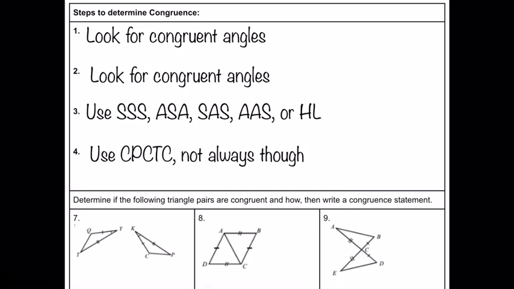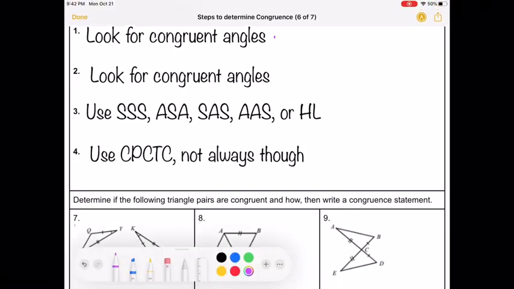Okay, on your next section there, it's steps to determine congruence. So when we start getting into proofs next lesson, these are some things you want to look for when they're given those images. We're going to be given some images down here that we'll play with, and then when we get into proofs there. So you can look for congruent angles, okay? So maybe they tell you them, or maybe you have a way to prove them, like maybe there were vertical angles that are congruent or alternate interior, okay?